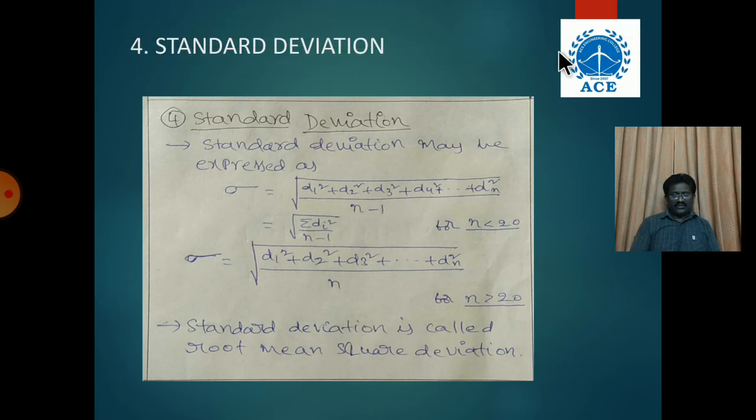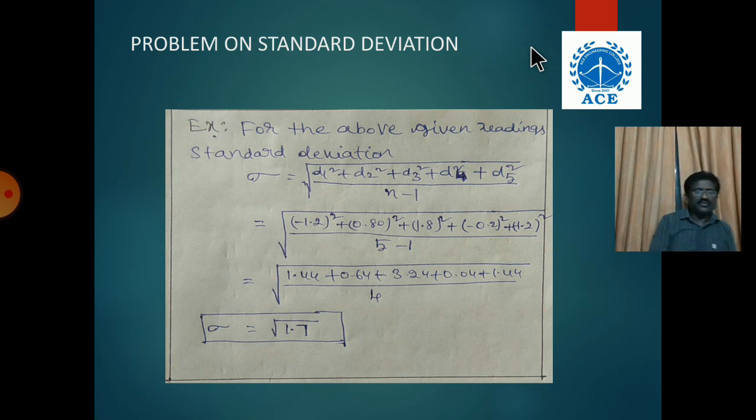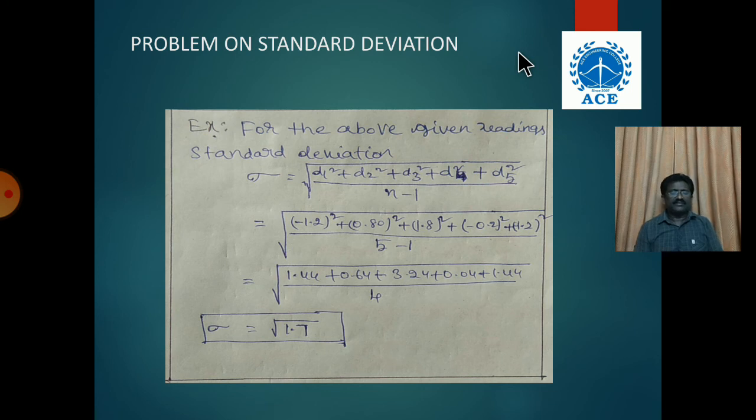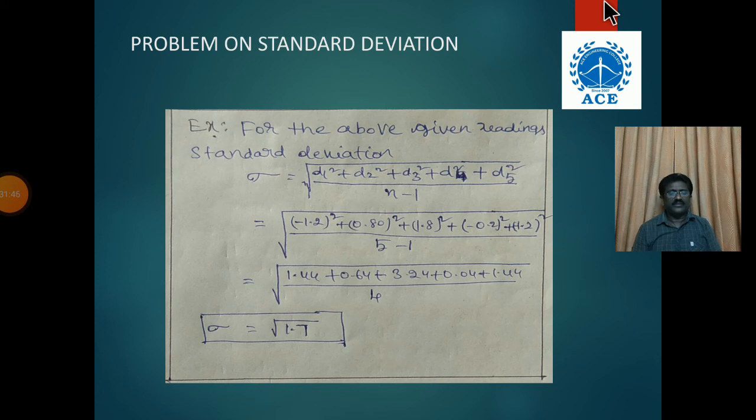So now I am going to calculate the value of the standard deviation for some given group of readings. Earlier I have taken some group of readings. Now I will take the same examples, same readings, to calculate standard deviation. We already know the values of d1, d2, d3, d4, d5.